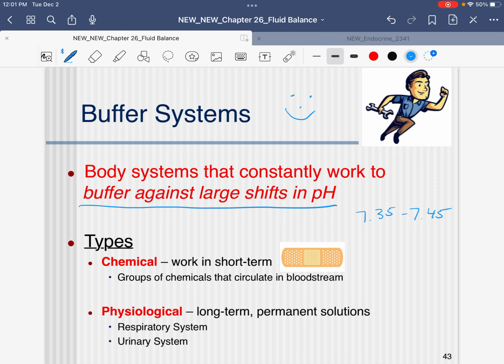We have two types. Folks, we already know the physiological buffers. These are the body systems, and they're long-term. We already know the two main body systems that help to regulate pH, the respiratory and the urinary. And you already know how. How does the respiratory system help to regulate pH?